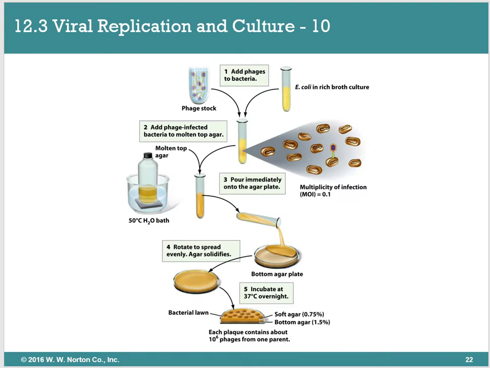So the most common way is E. coli. E. coli is super easy to manipulate. What you'll do is have phage, so your virus, and then you'll have E. coli, you'll put them together, and then you'll incubate it so they grow together. Then, in order to keep the E. coli alive for the virus, you'll pour the E. coli broth onto an agar, kind of like what we do in class, in lab.